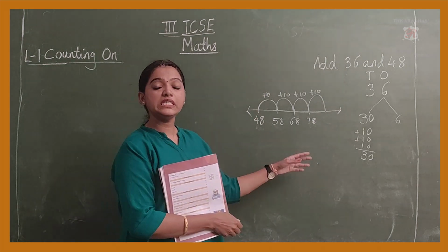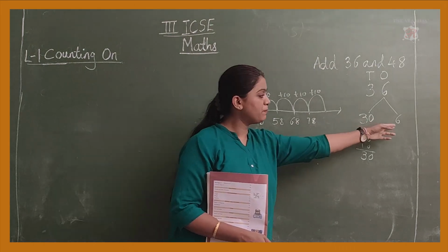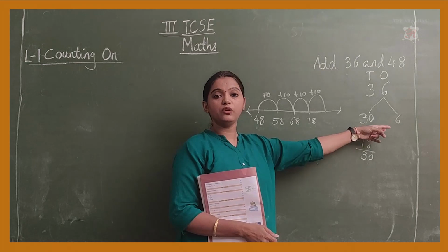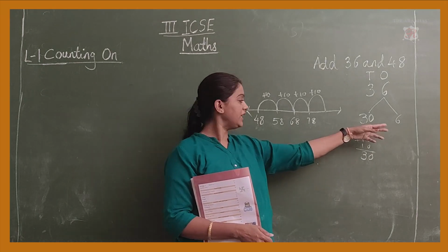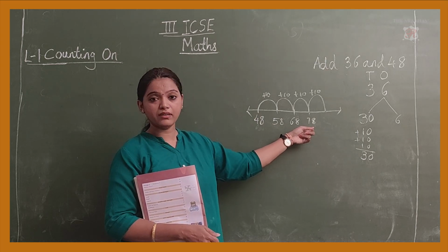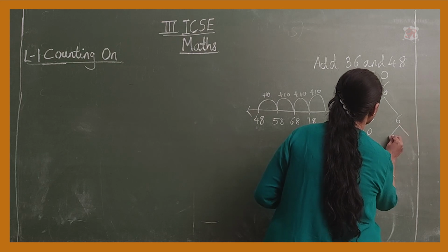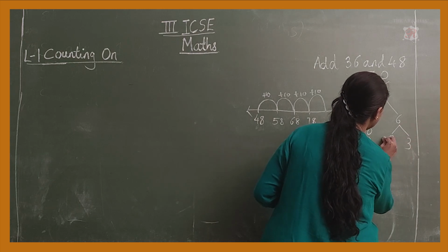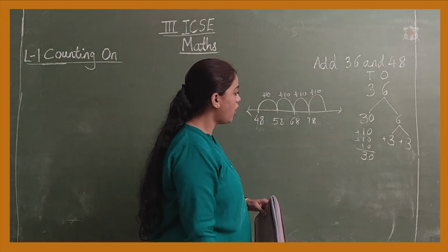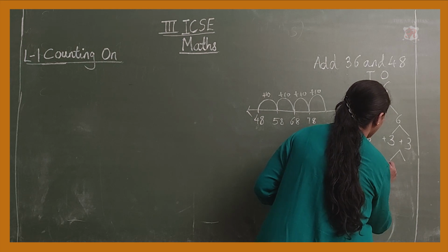Now what is the nearest landmark number to 78? You have to split this 6 in such a way that you can add a number to 78 to make the nearest landmark number. 3 plus 3 is an easy option, or 2 plus 4.